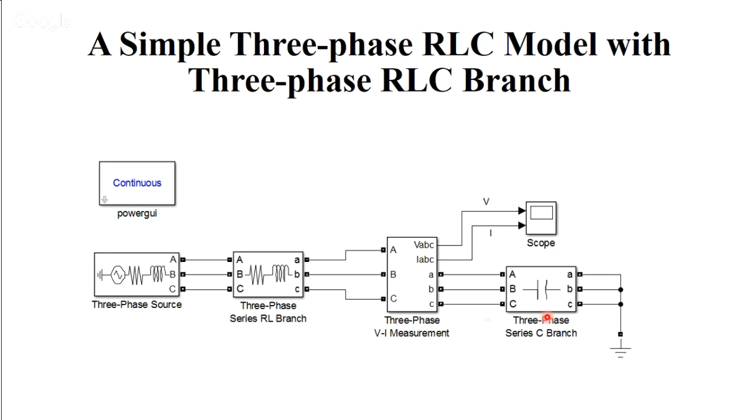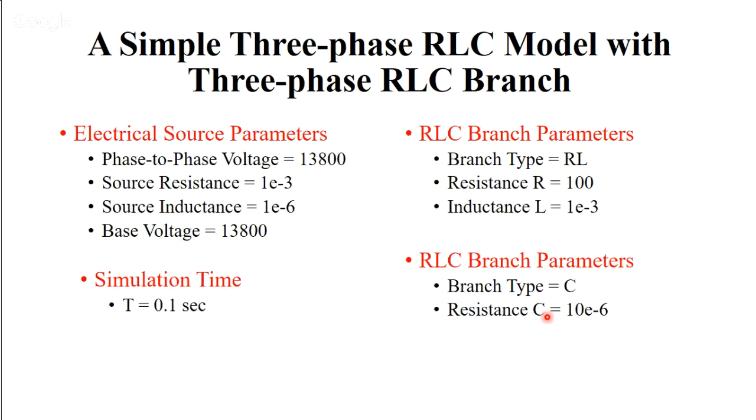Okay, then these are the parameters we are going to take in order to develop this circuit. The electrical source parameters: the voltage we have taken is 13,800 volts, or 13.8 kilovolts. The source resistance, that means the resistance present in our electrical source, is 1e-3, that is 0.001 ohms.